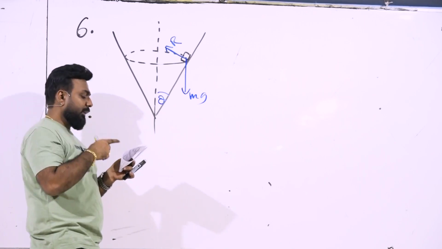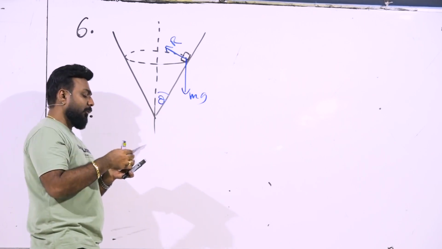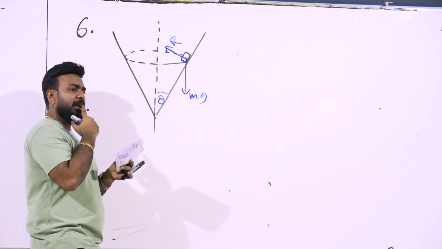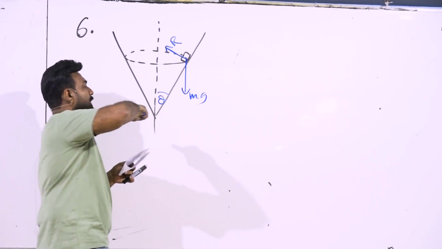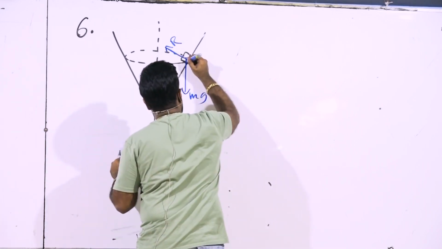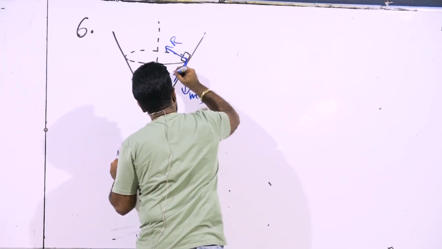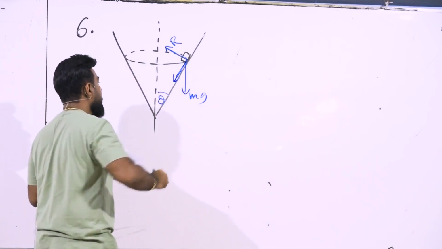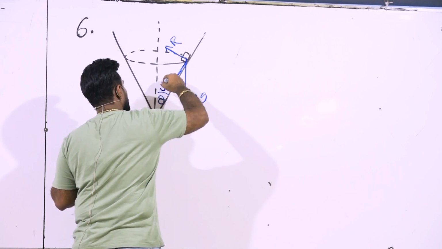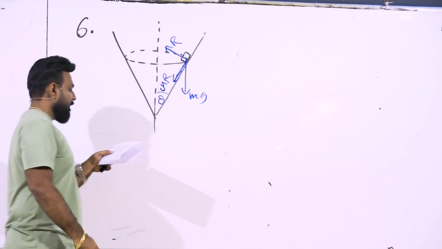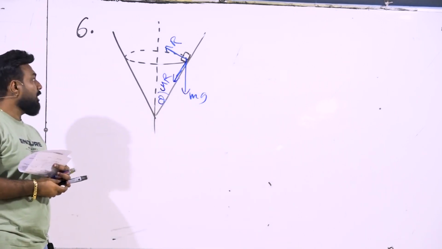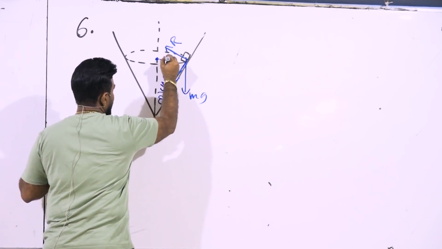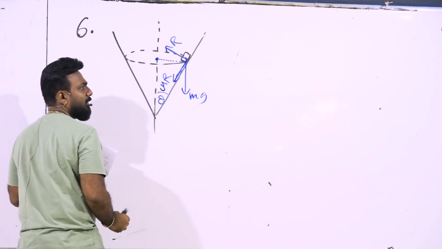The object is trying to fly away, so friction acts along the surface. And what is its value? F equals mu R. Can you understand what I wrote here? It's mu R. When this angle is theta, look carefully. Here is the center, I draw a horizontal line.